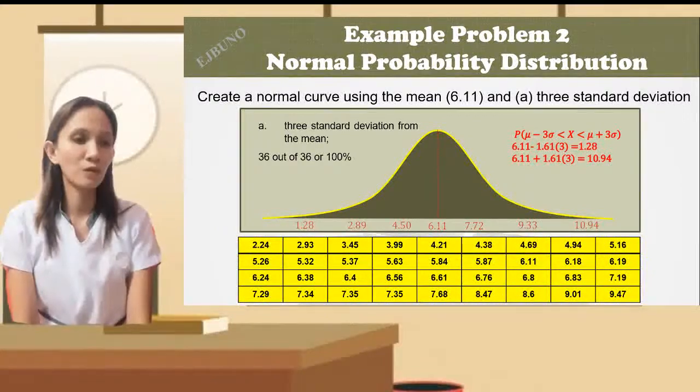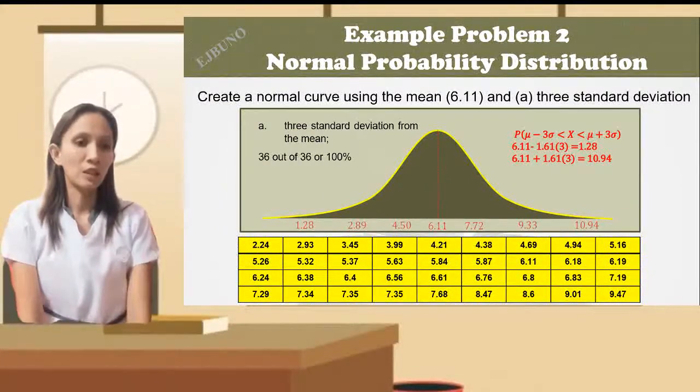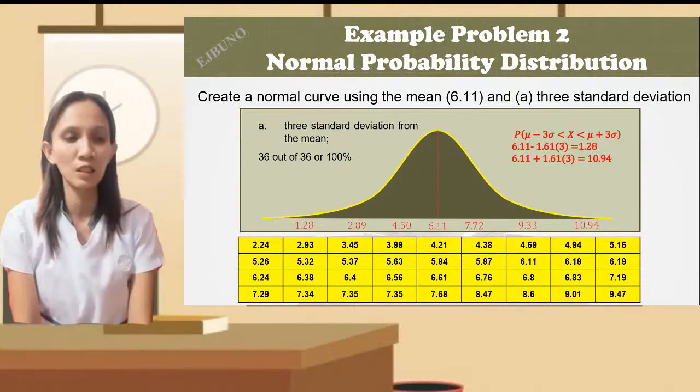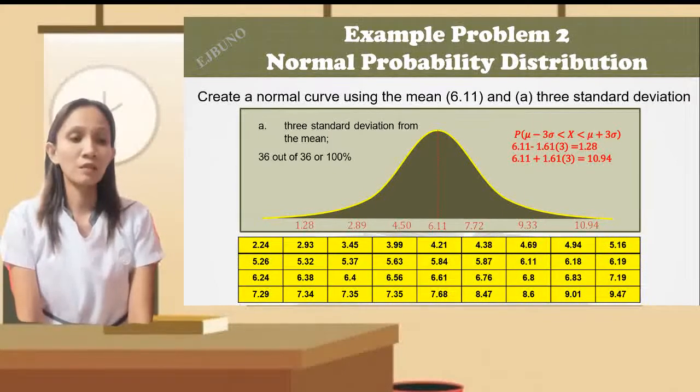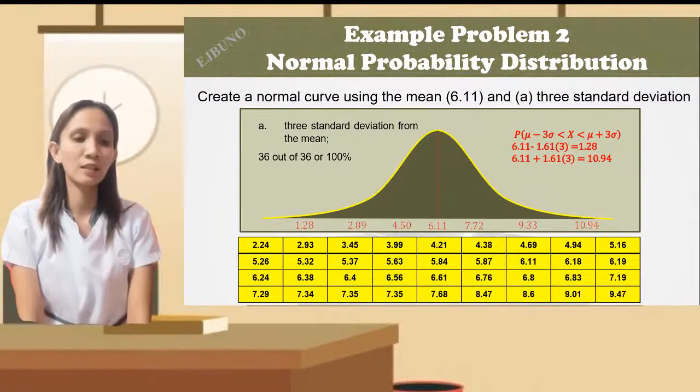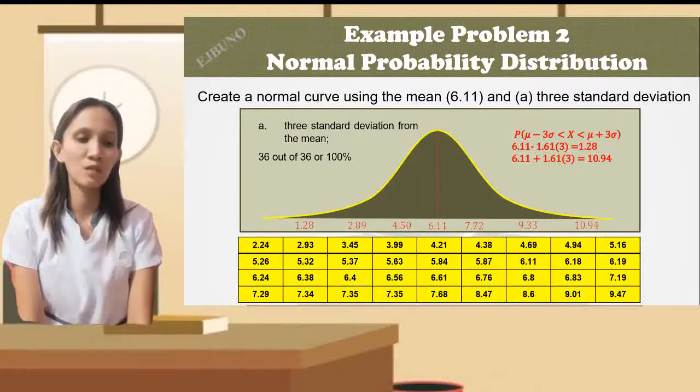So now the third is three standard deviations, where the probability of x is greater than the mean minus 3 times the standard deviation and less than the mean plus 3 times the standard deviation.